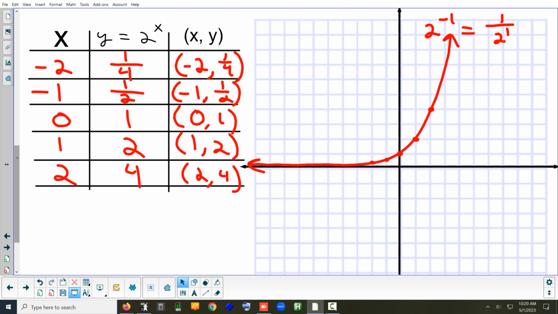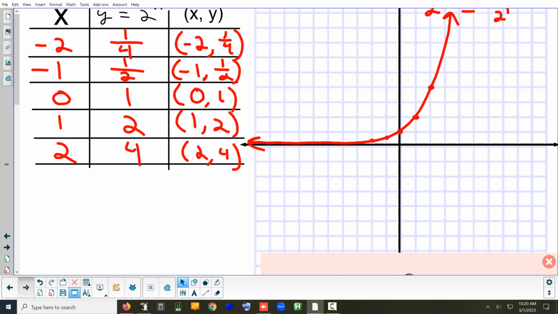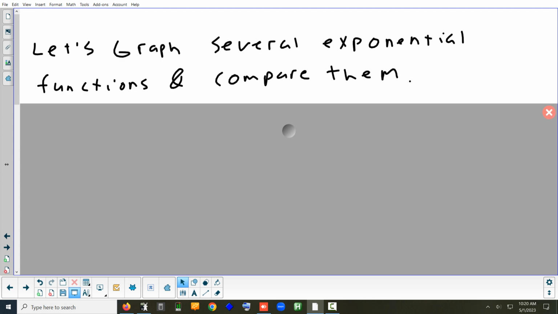All right, so that's example 3. And now the last one. So the last one is when we're not going to sketch anything. All we're going to do with the last one is write a sentence. So here's an example of something I would give you. Let's say something like this.